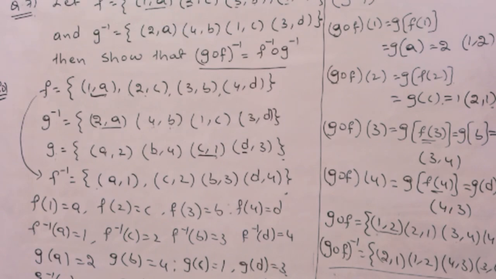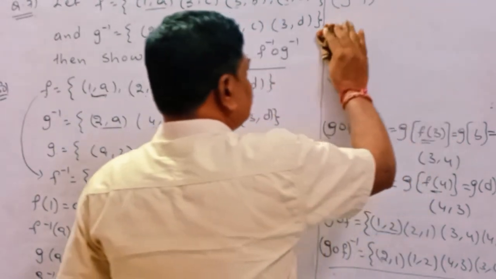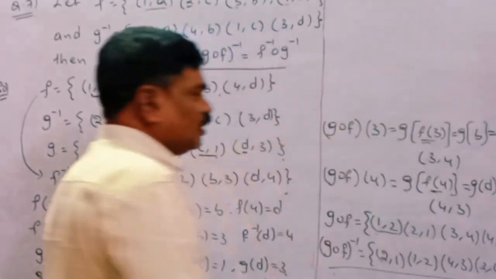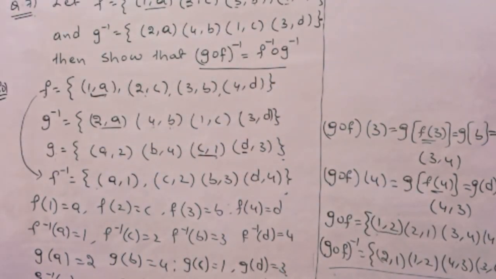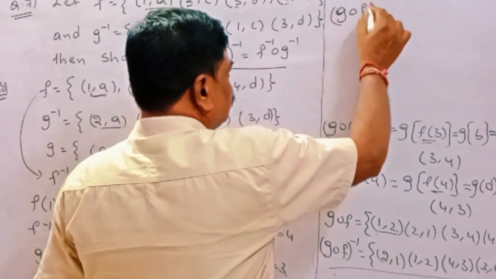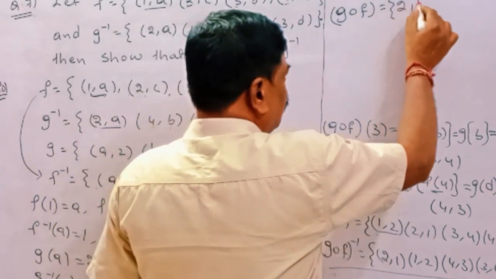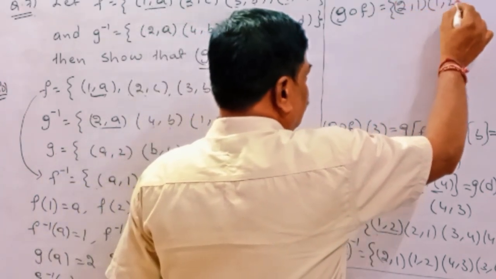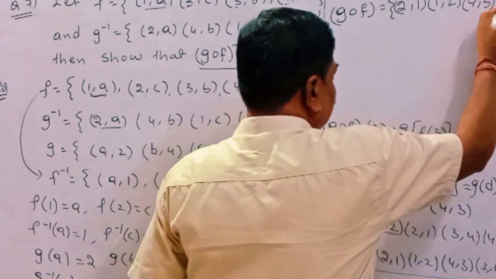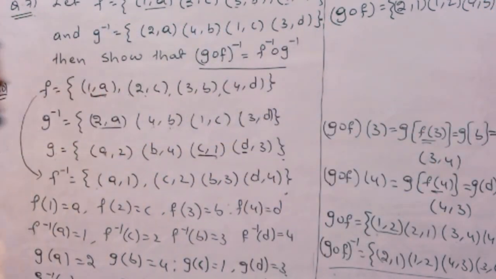So you write here G circle F whole inverse. Here we want G circle F whole inverse. G circle F whole inverse is equal to the set of (2, 1) and (1, 2), (4, 3) and (3, 4).